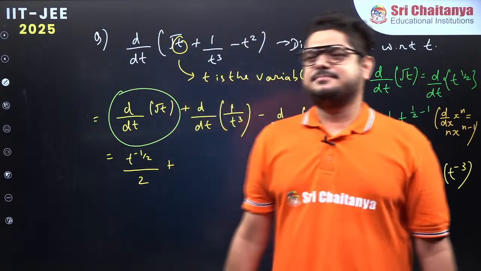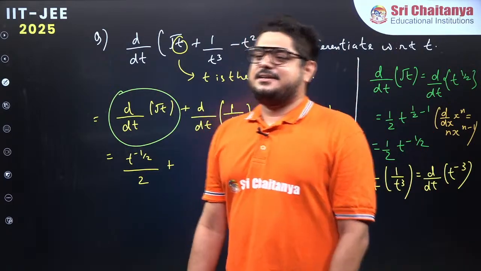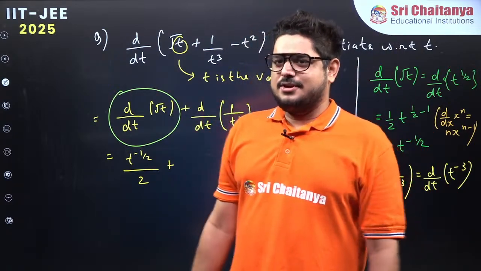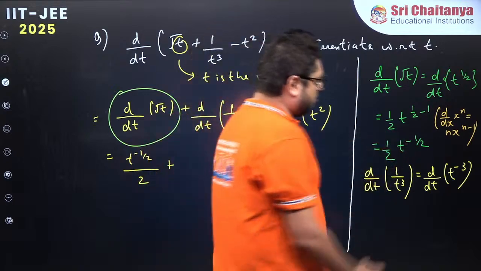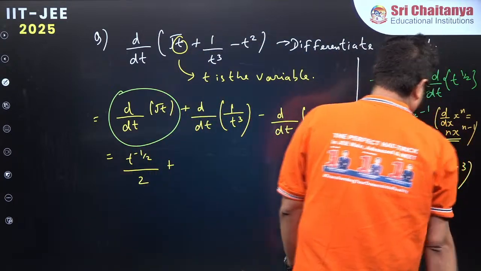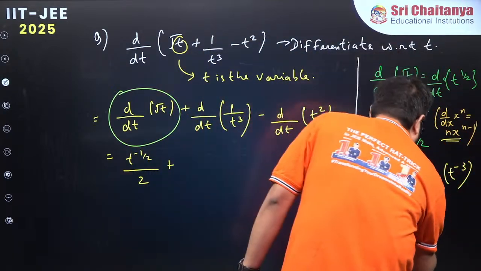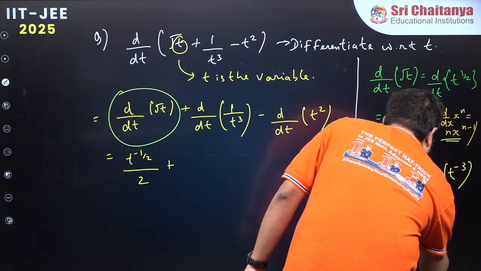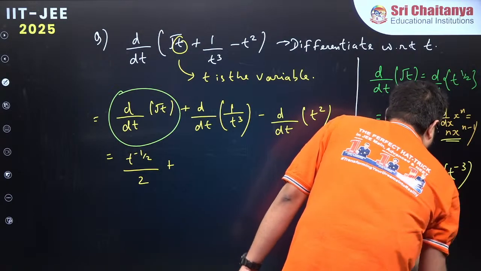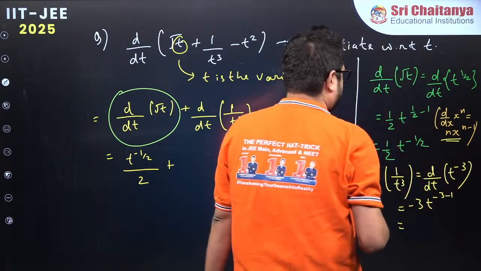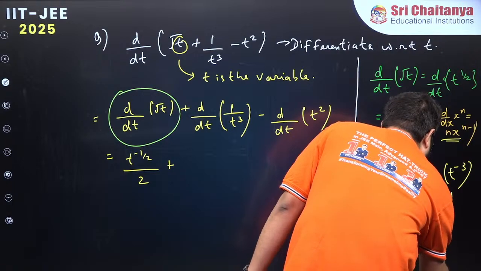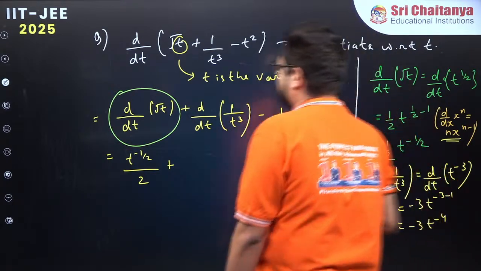Yes or no, isn't it, my friends? So now once again you use this formula, and as a result you will be getting minus 3t to the power minus 3 minus 1. So as a result I will be getting minus 3t to the power minus 4.